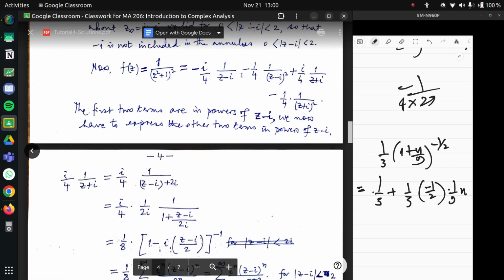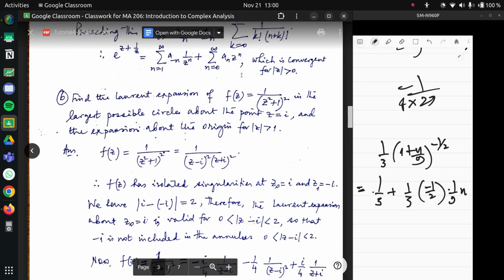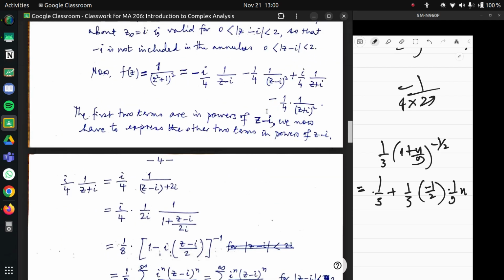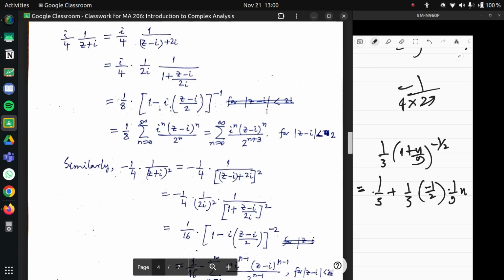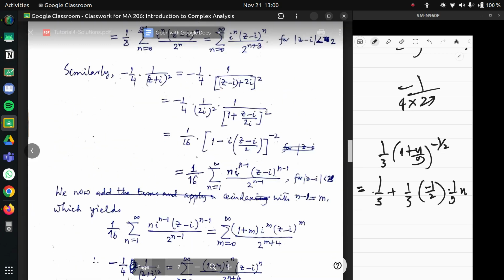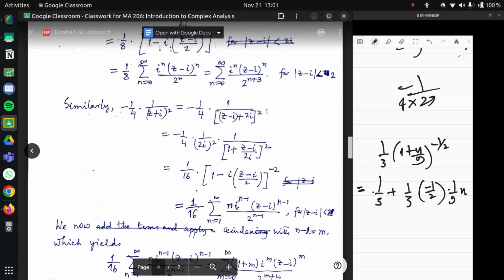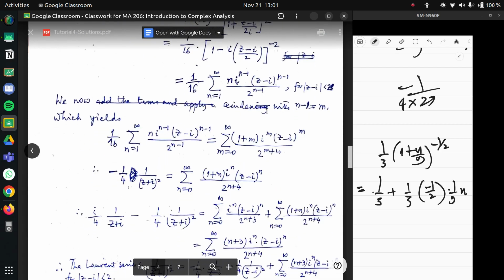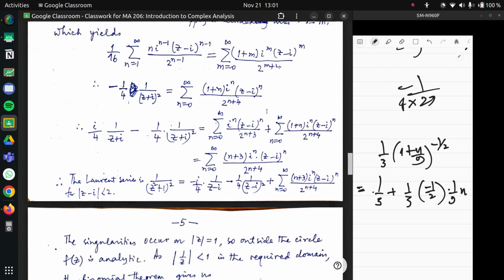Okay, what about this one? Order expansion of f is equal to 1 plus. Obviously, we did this. So what did they get?